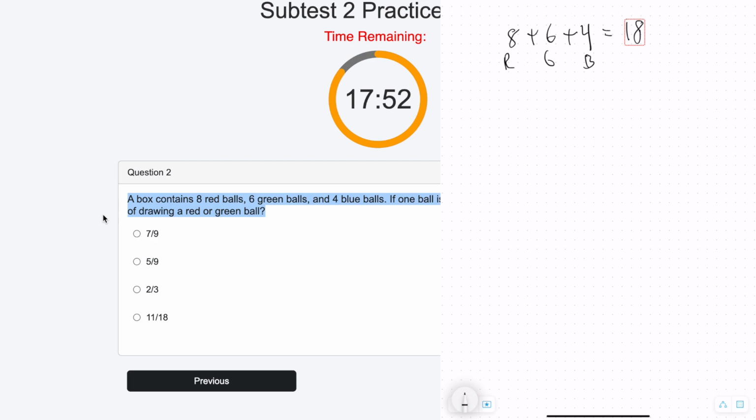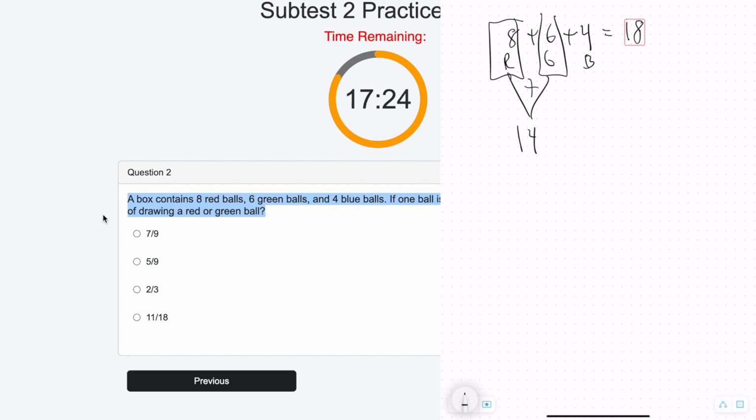Now, the second step after you find the total is to count the number of favorable outcomes. And since we're looking for the probability of drawing either a red or a green, we add the number of red and green together. So here we have the red and here we have the green, and what we want to do is add them, and we know that 8 plus 6 is 14.